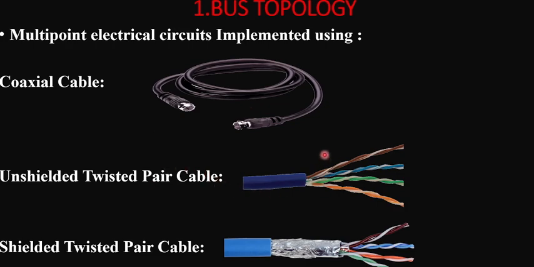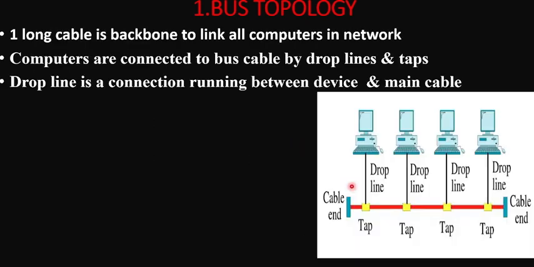Unshielded twisted pair is named unshielded because there is no shield or protection, whereas shielded twisted pair has a metallic protection. That is the only difference. It is called twisted pair because the wires are in a twisted fashion. All these types of cable can be used to connect computers in bus topology.